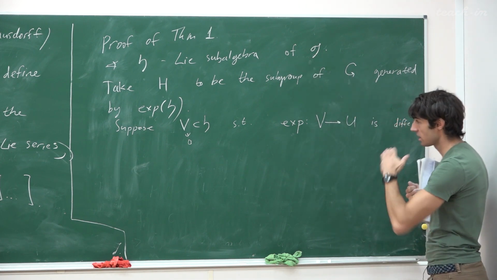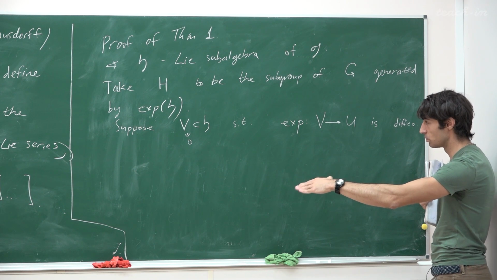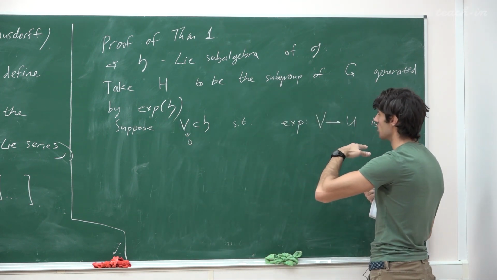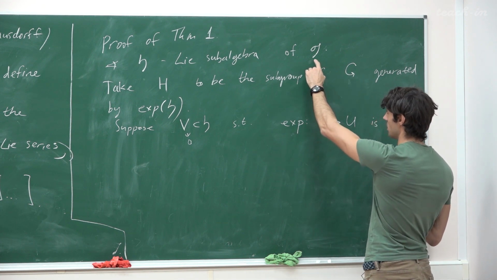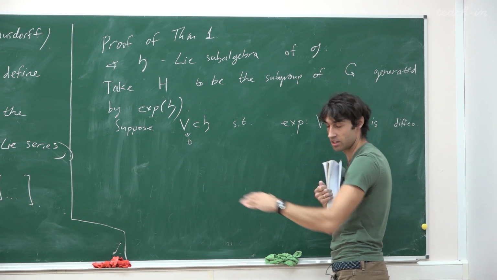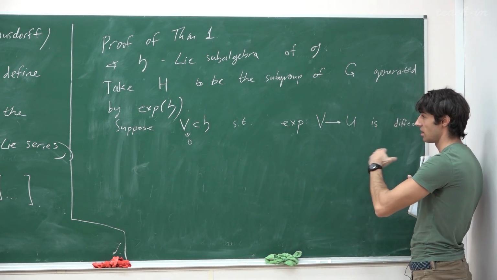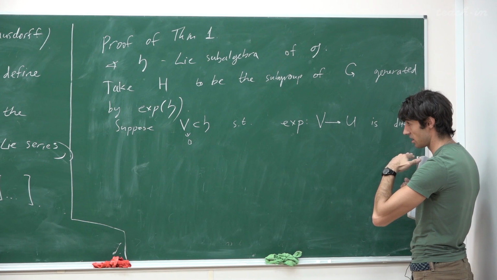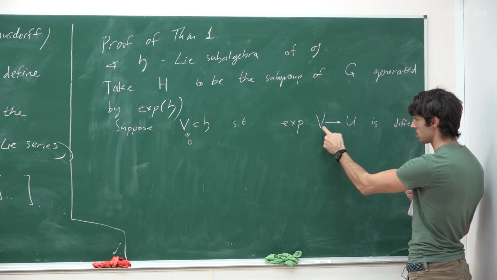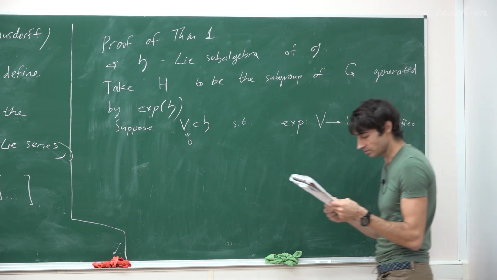But I can restrict it to the intersection of this local neighborhood around 0 with 𝔥, right? It will be a diffeomorphism from this intersection of this neighborhood with 𝔥, which is V, to U.